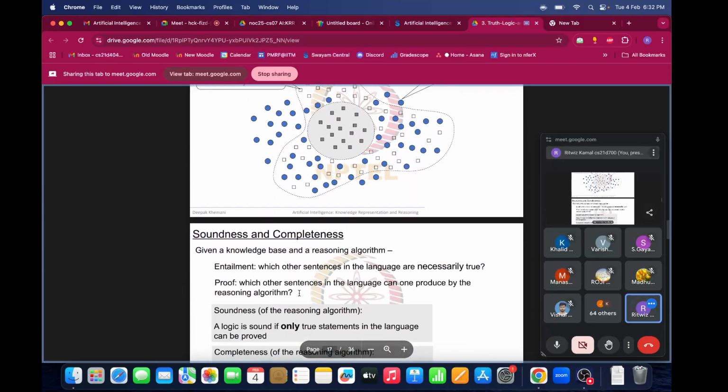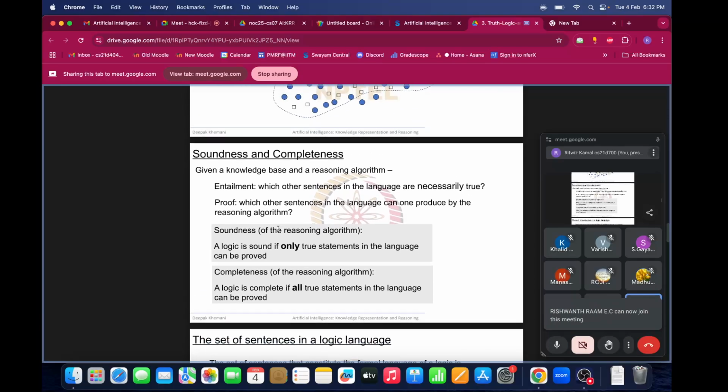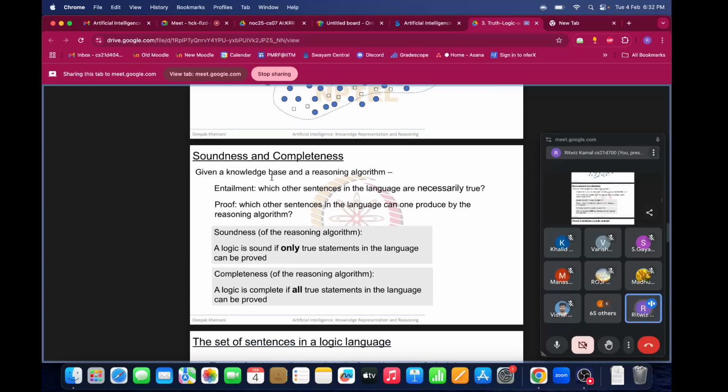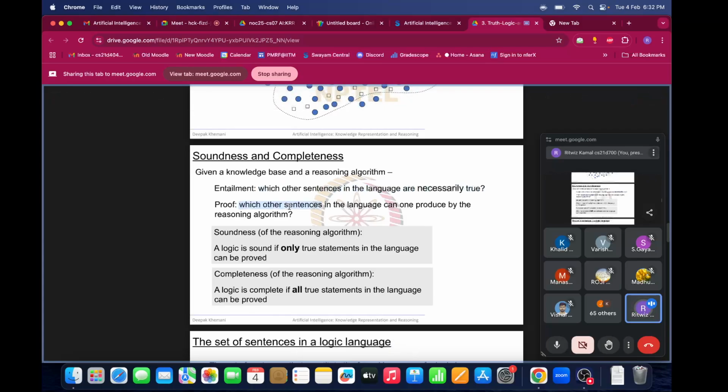Okay, so the concepts of soundness and completeness tell us, given the knowledge base and the reasoning algorithm, which other sentences in the language are necessarily true, that will be entailment, and proof will be which other sentences in the language can be produced using the reasoning algorithm.